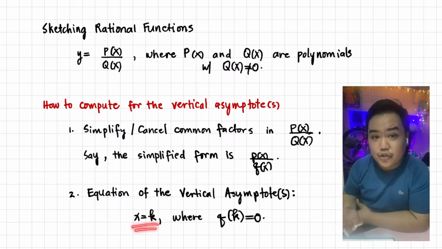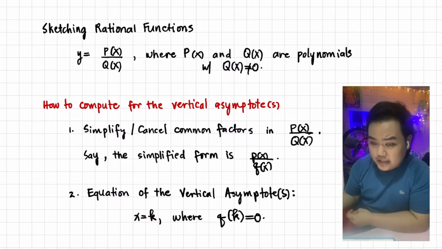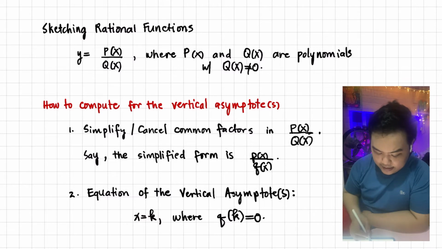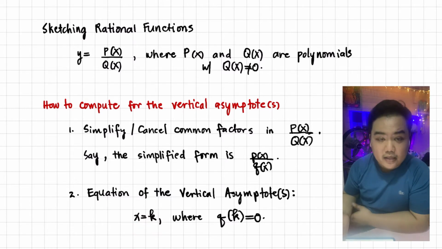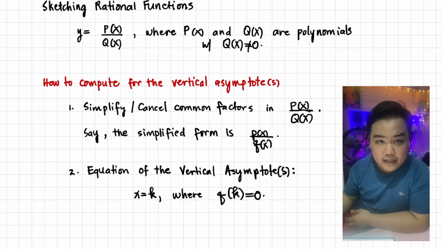So, parang ganyan yung itsura niya. So, kung vertical asymptote siya, how do you compute for that constant? So, that constant, x equal to k, are the values of x that will make the denominator of the simplified form equal to 0. Basically, you just equate this to 0, solve for x, and then yung mga x equal to the solutions of that are the vertical asymptotes.